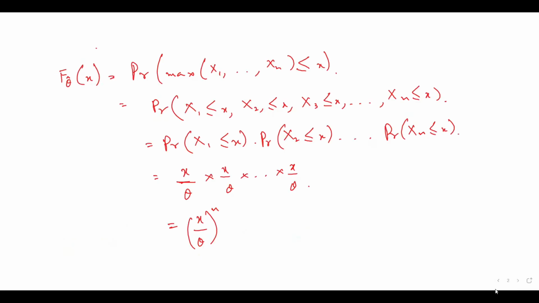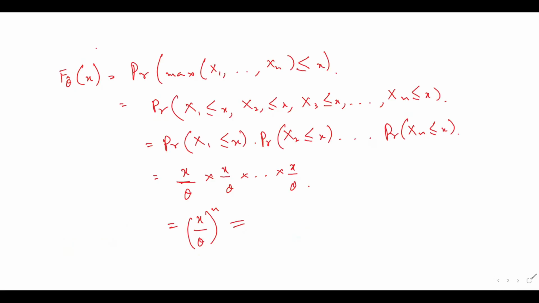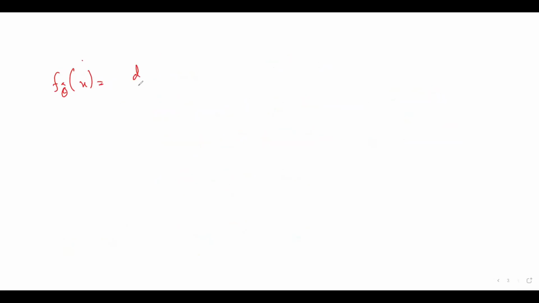Now we are going to find the density function. We found the distribution function, which is x by theta to the power n. Now, how will I find the density function? I will differentiate this with respect to x. So d dx of this gives n times x by theta to the power n minus 1.